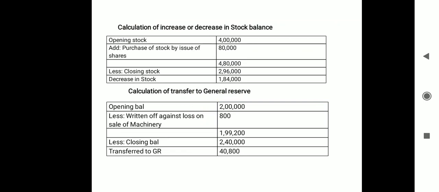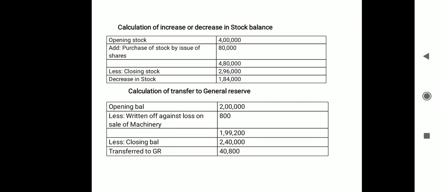So totally we should have stock of 4,80,000, but the closing stock is showing 2,96,000. Whatever is the difference, that is the decrease in stock. And we are going to use the decrease in stock while calculating cash flow from operating activities. Decrease in current asset, add it.